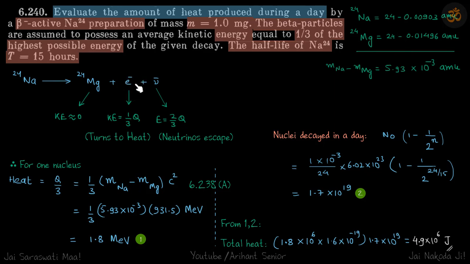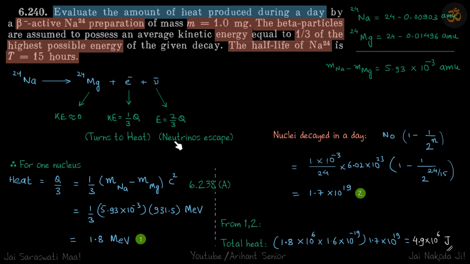We saw in the previous problem that in the case of maximum possible energy, the neutrino is at rest and the whole energy comes to the electron. And what is the whole energy? That is the Q value. In the previous problem, this had the whole Q value, and now it is 1/3 of the total Q value, and the rest of it will be taken up by the neutrino.